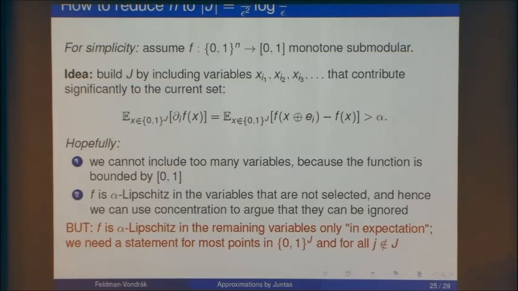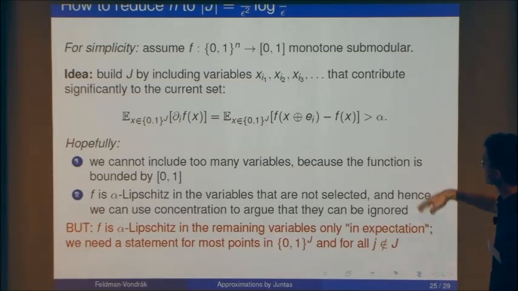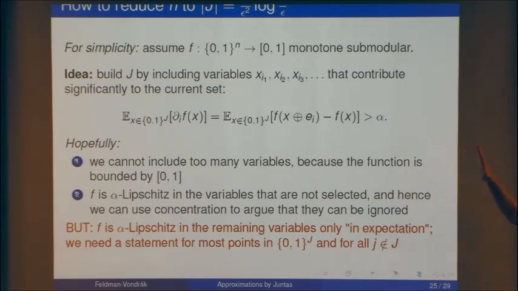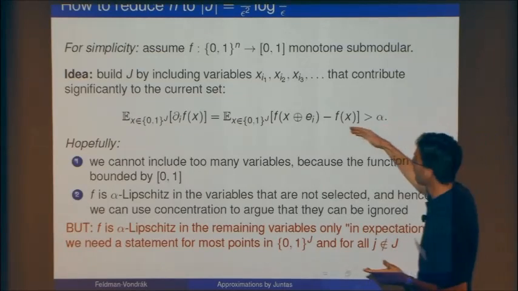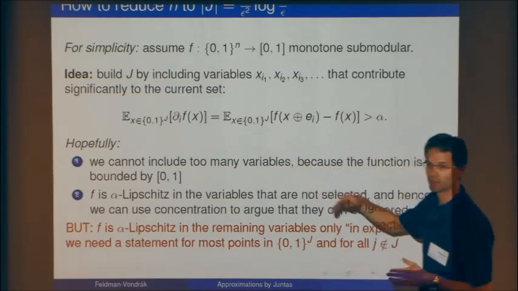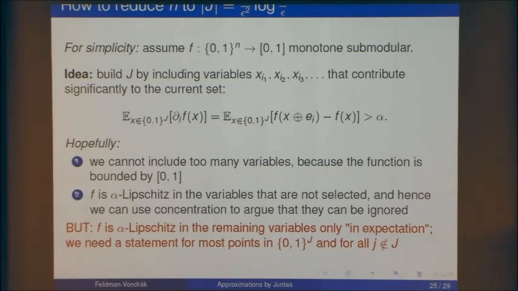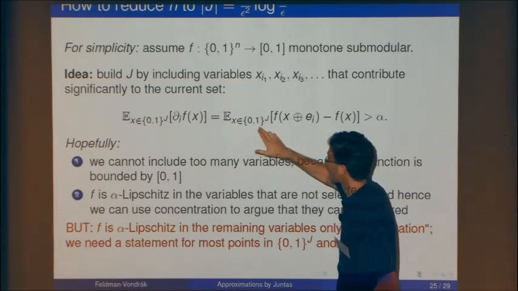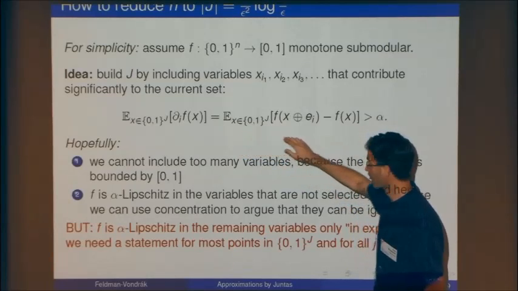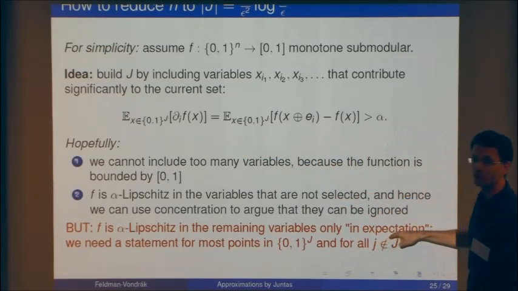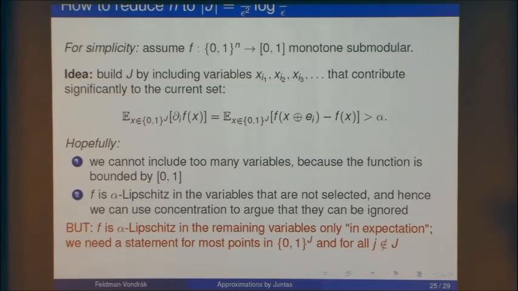This doesn't quite work, and the reason is that the condition of Lipschitzness in these remaining variables is in expectation over the assignments to the variables that we already chose. What we really want is a statement with high probability over these assignments and for all the variables outside of our set at the same time. So we need some kind of union bound here.